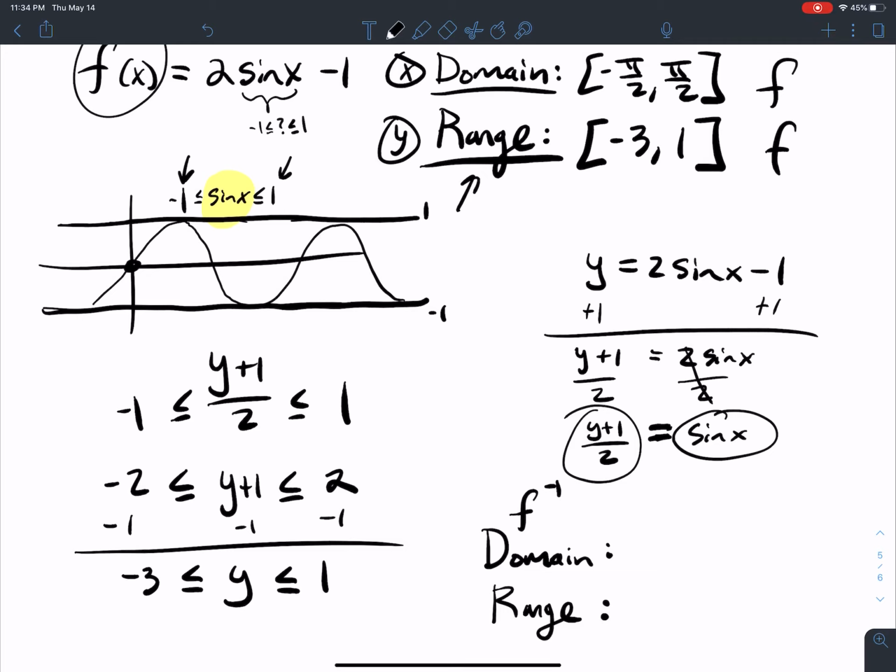So the x becomes the y: the domain becomes negative 3 to 1, and the range becomes the original domain, negative pi over 2 to pi over 2. So that's how you find the inverse and then get your range.